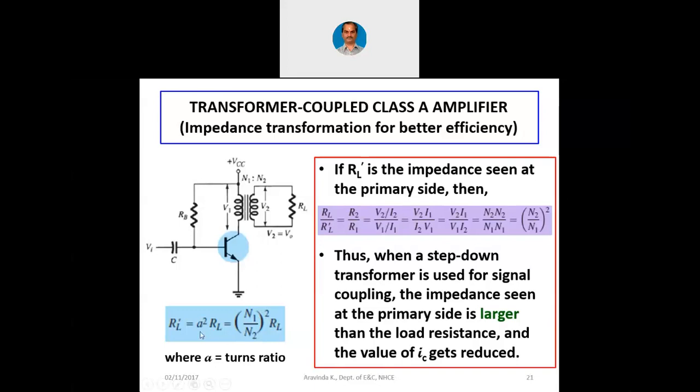Only when this alpha is more than unity will alpha square be larger, and alpha square into RL will also be larger than RL. That way we want to have a larger resistance at the input side, seemingly at the primary of the transformer, so that collector current gets reduced and efficiency gets increased. We will see that in the next slide about the calculations part.